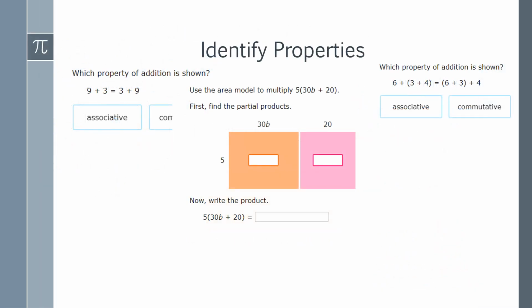So identify these properties. Show me what you got. So 9 plus 3 equals 3 plus 9. What property is that? All right. And what about the property shown to the right?